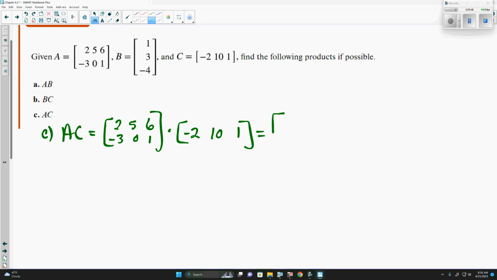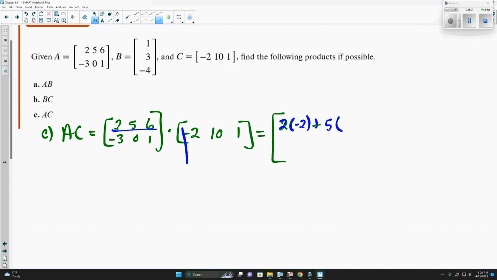If we did this product, we'd continue the pattern over and down. So we'd have 2 times negative 2 plus 5 times... do we have another number?